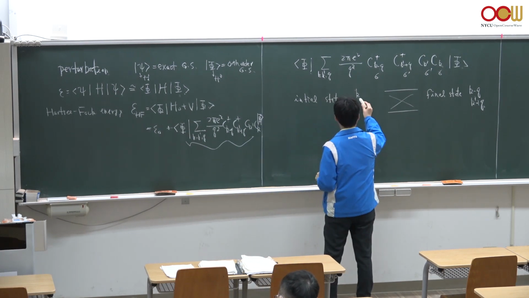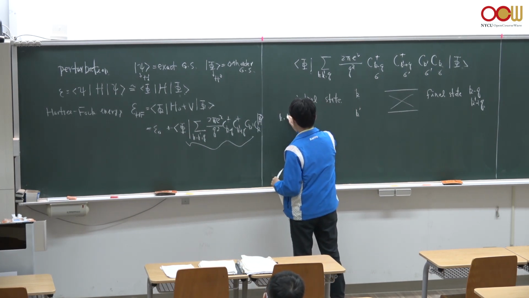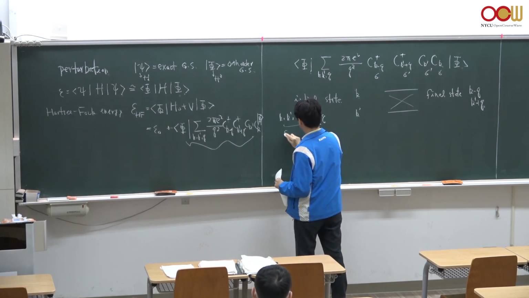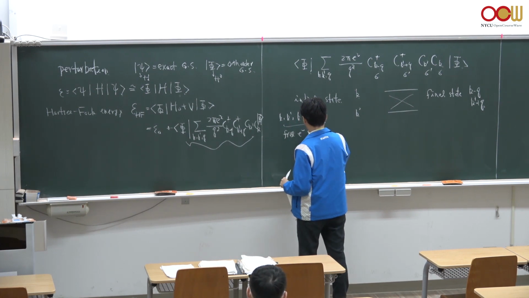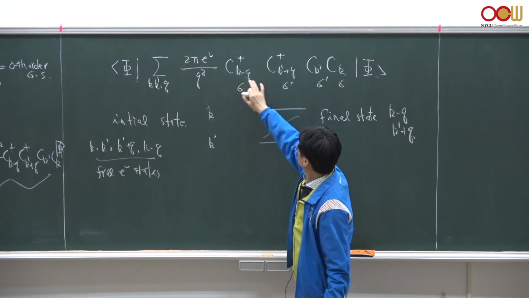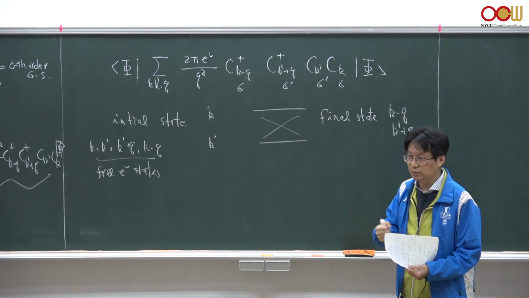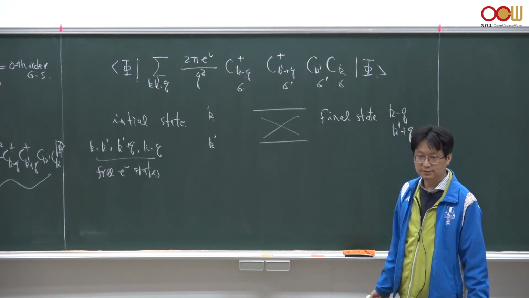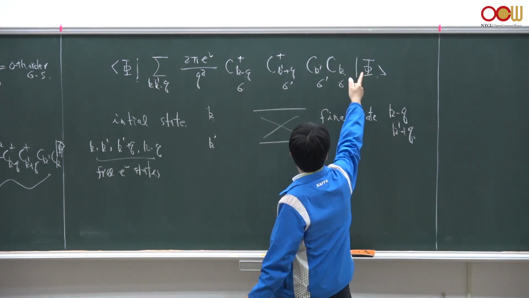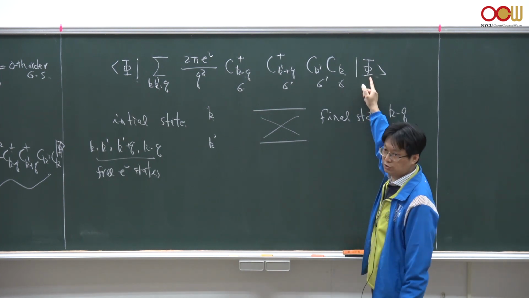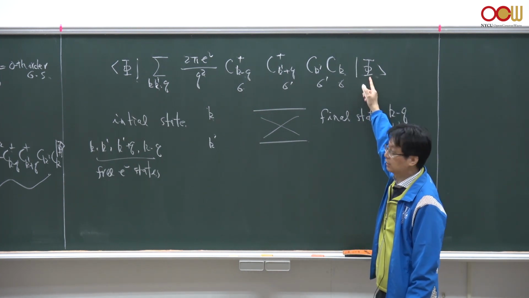So all the states, k' plus q, and k minus q, are free electron states. You know that the operators c dagger and c will create or destroy a single free electron state, and these will actually change the number of free electrons in your unperturbed eigenstate.